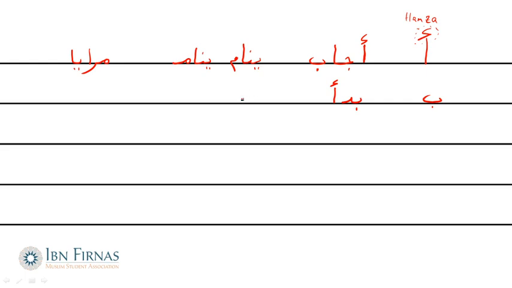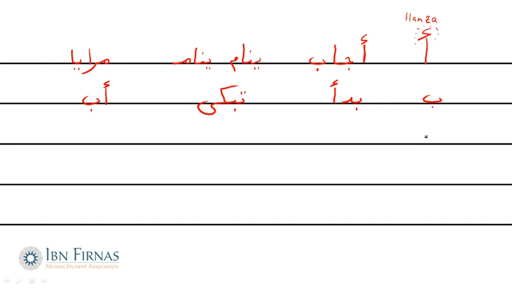And then تبكي. And finally أب. And notice how the ba merges between two letters here, the ta and the kaf. And of course here it's not connected to anything, so it's the same shape.